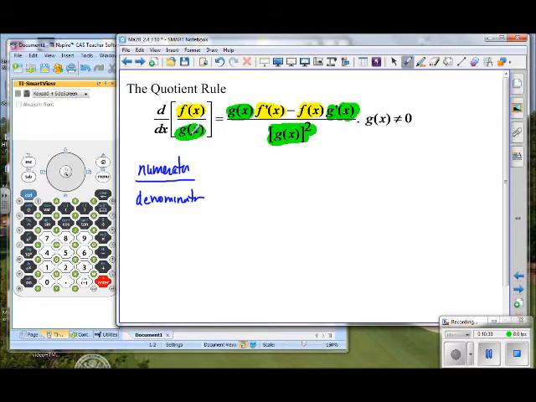Well, we start with our denominator, and d comes before n, so we start with the denominator. And so we have the denominator times the derivative of the numerator minus, and then we just switch the order, numerator times the derivative of the denominator. So that will help you to get started. We always start with which of these comes first, which is denominator.